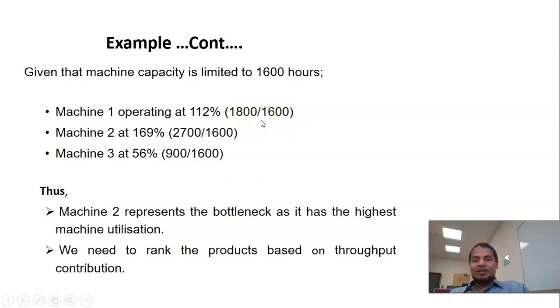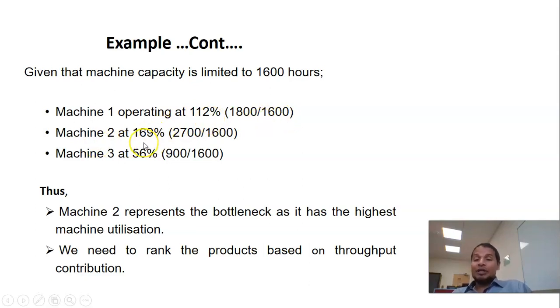If you calculate the percentage, machine 1 is operating at 112%: 1800 divided by 1600 multiplied by 100. We need 112%, but we have 100%, that is 1600.